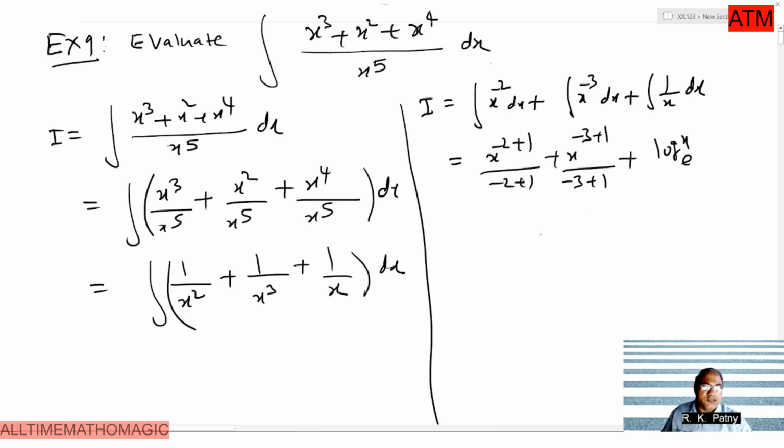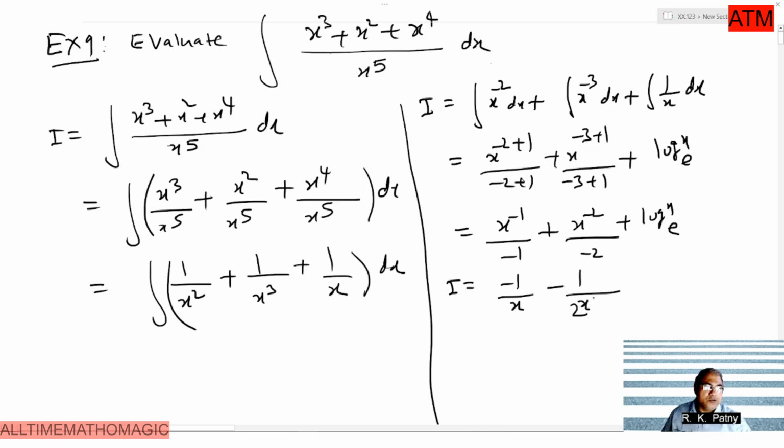Just now I told you that integration of 1 upon x with respect to x is nothing but log x to the base e. So this is equivalent to x raised to minus 1 upon minus 1 plus x raised to minus 2 upon minus 2 plus log x to the base e. Therefore I equals to minus 1 upon x minus 1 upon 2x square plus log x to the base e plus c. This is the required solution.